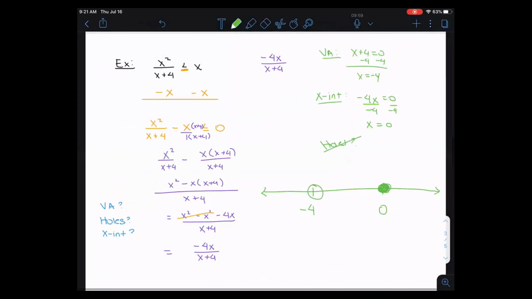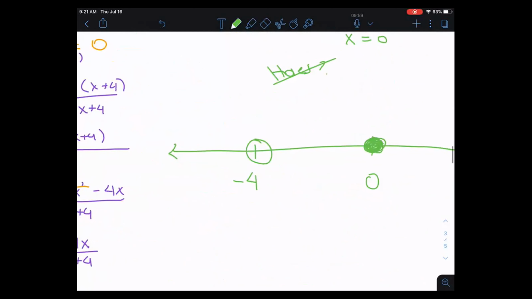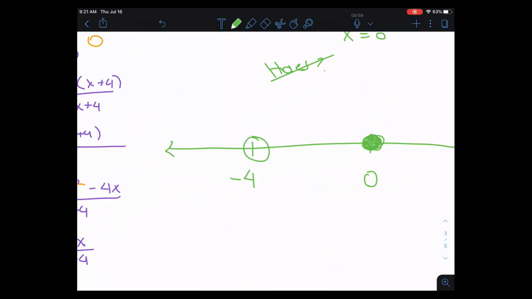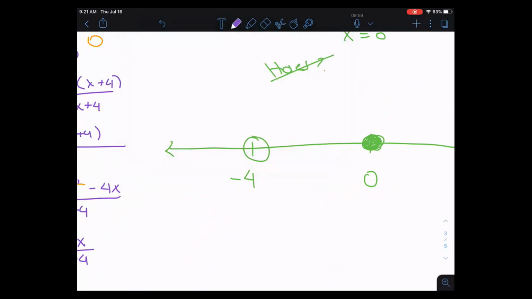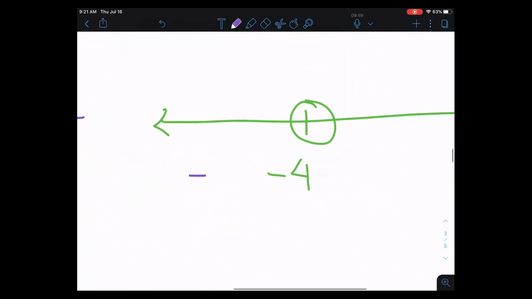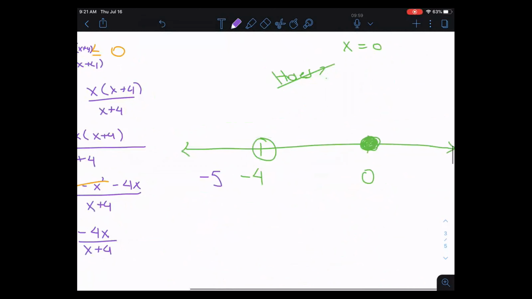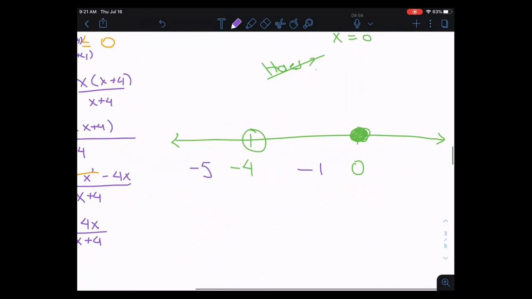And now let's just test each point. We can test them in either way. We're going to test them by picking any number that is before -4, so we can pick like -5. Any number that is between -4 and 0, we can pick -1. Any number that is after 0, we can pick 1. So that's how you guys can generally do this.